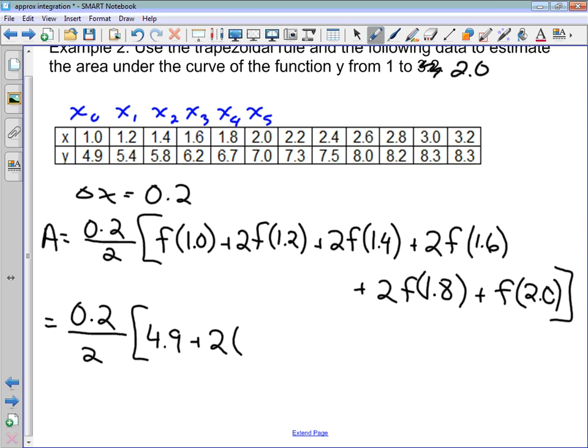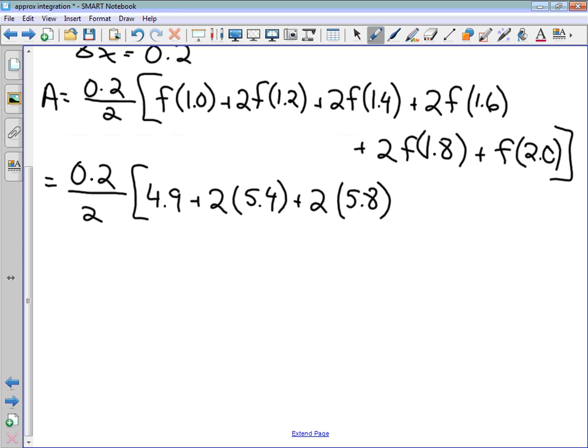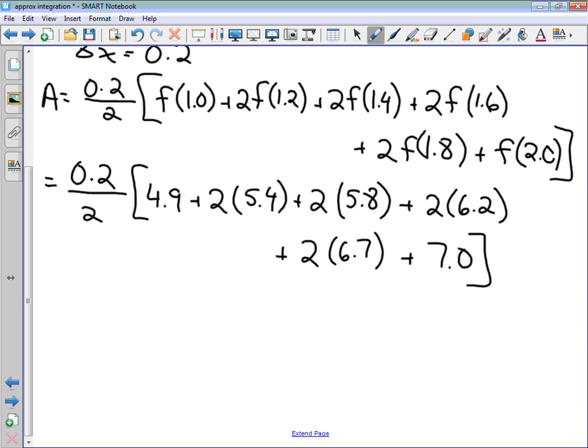Then we'll have 2 times f at 1.2 is 5.4, plus 2 f at 1.4 is 5.8, plus 2 f at 1.6 is 6.2, plus 2 times f at 1.8 is 6.7, plus f at 2.0 is 7.0.